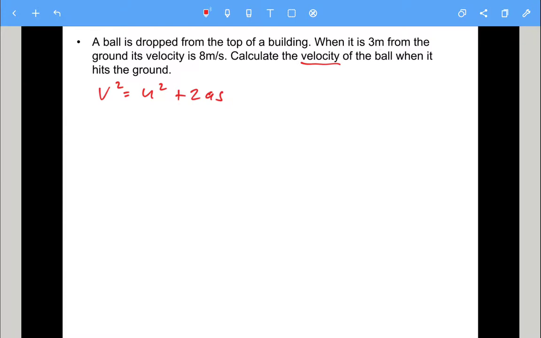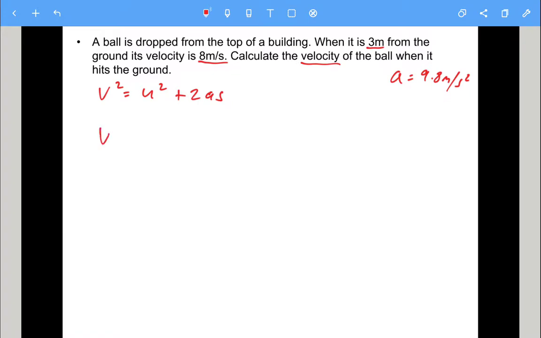Let's look at what else we know. We know the displacement is going to be 3 meters. And the initial velocity is 8 meters per second. Because this is falling, we know that the acceleration due to gravity is 9.8 meters per second squared. Okay, so let's go.